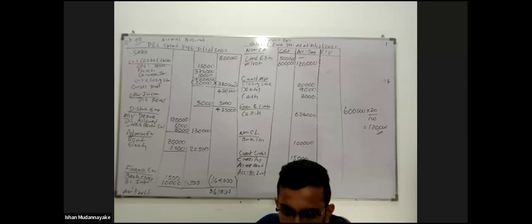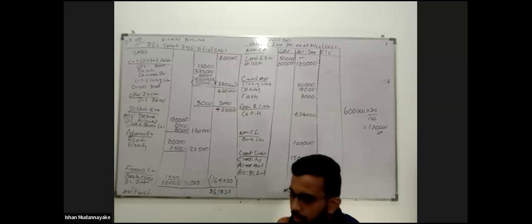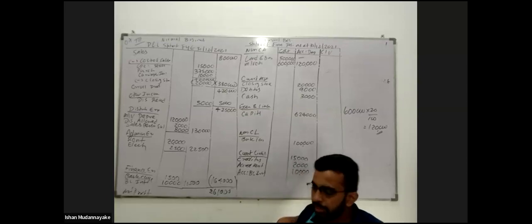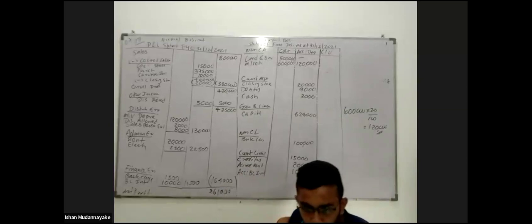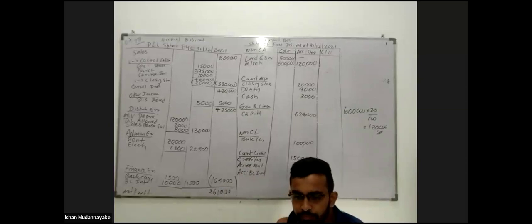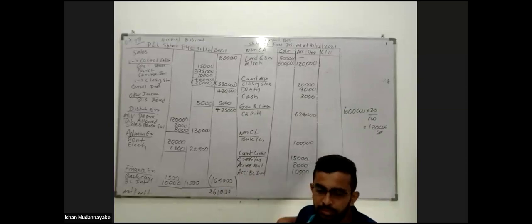Right. The balance figure in the statement of financial position is 1,012,000. This is clear.